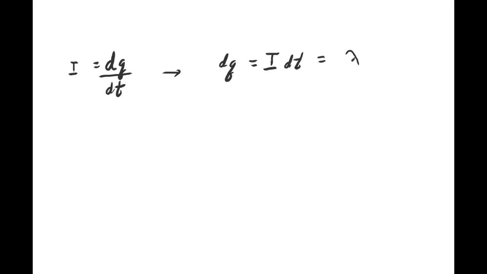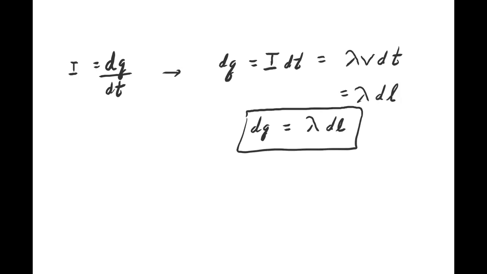That's simply the linear charge density times v times dt, but a velocity times time is a length. So a small piece of charge is just a linear charge density times a differential length. So all these are dimensional analysis arguments. Dimensional analysis is a tool that you've used thousands of times already in all your studies, and it's extremely valuable because it allows you to keep all these things together.